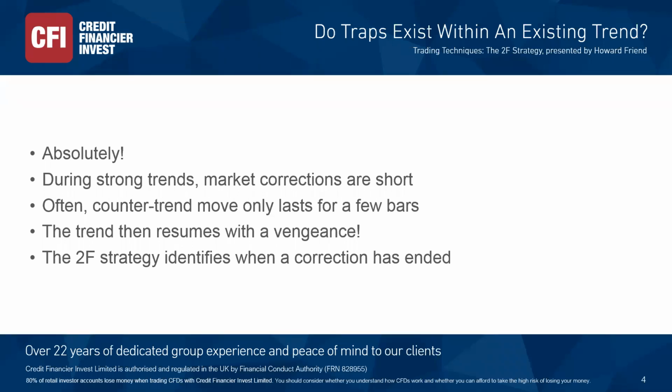These corrections might be 2, 3, 4 days, maybe 5 days sometimes, 5 bars. And once the correction is complete, the buyers come back in after the correction and they drive the market up to new high ground. So what we're looking for is to identify when the correction has ended. Now that's the job of the swing trader.